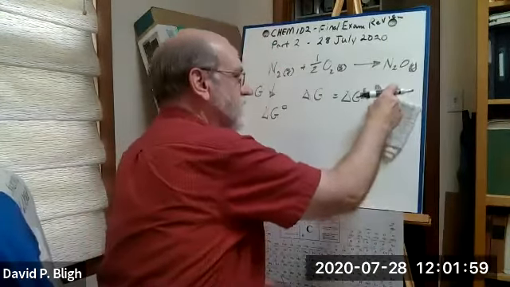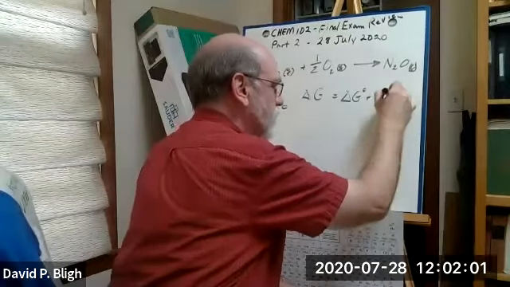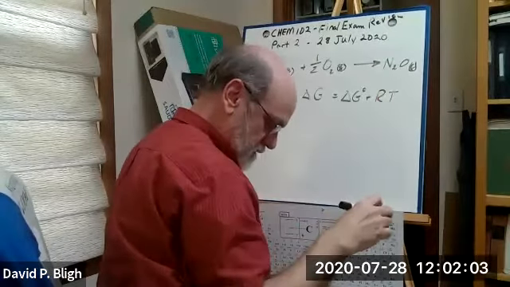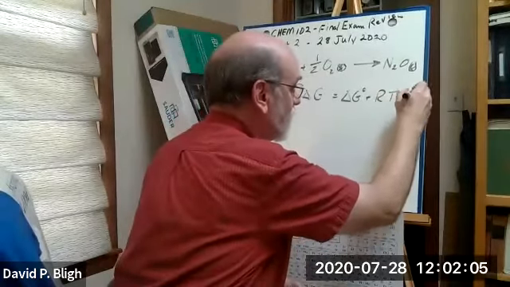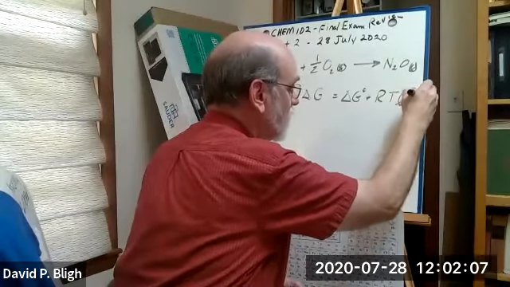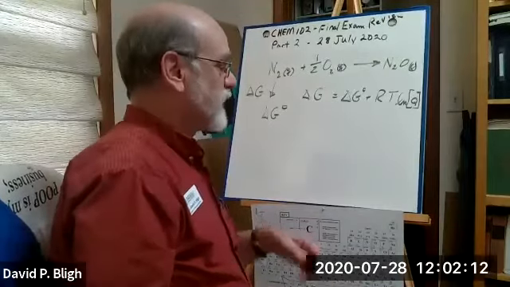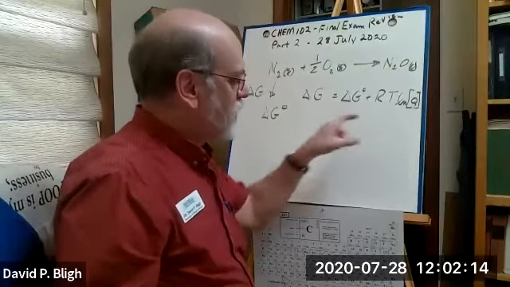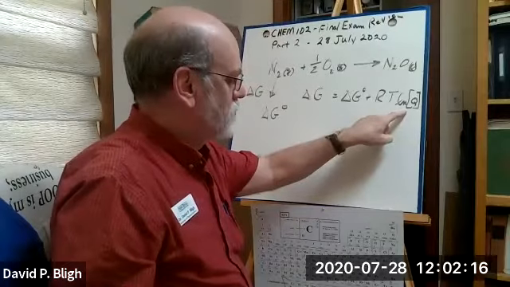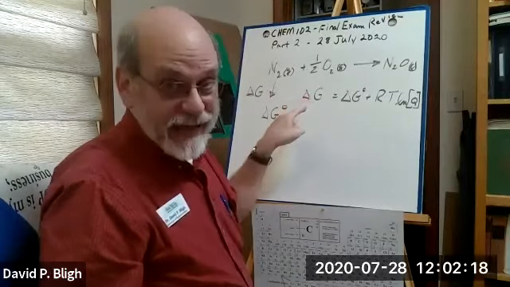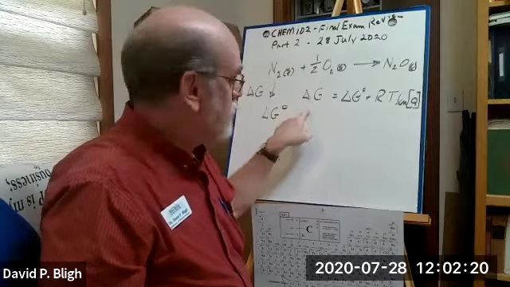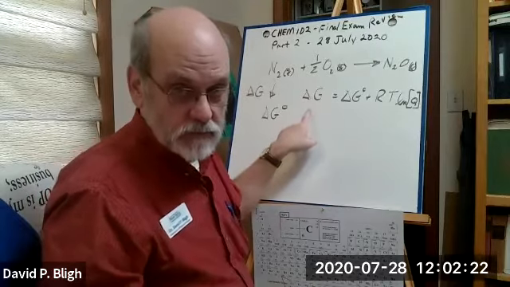Not time, it's temperature. And log Q. Now, why do we say log Q? Because if this is K, then it's at equilibrium, and the delta G for that reaction is 0.